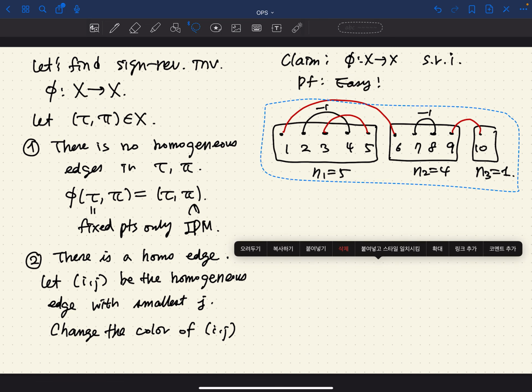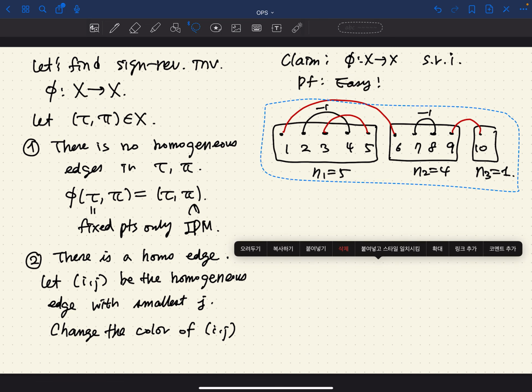N equals 0, 1 is true. You can just check it, just a simple check. And suppose it's true for all k less than or equal to n. And then we're going to prove that it's also true for k equals n+1.